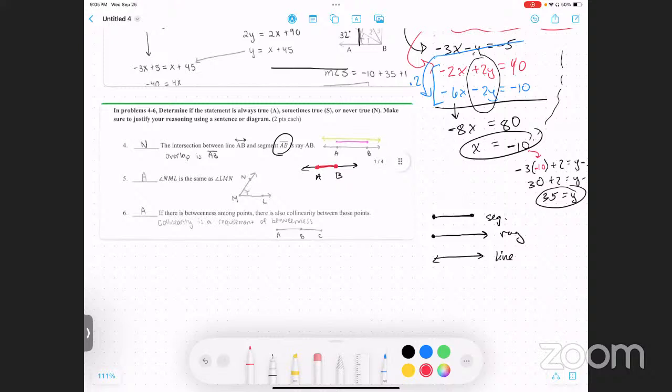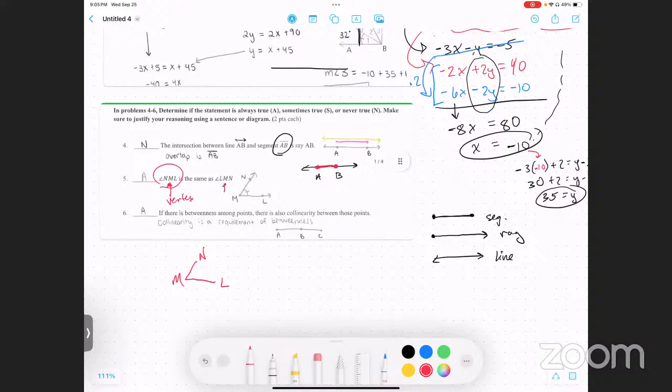Number 5 says MNL is the same as LMN. So let's draw it out. LMN means you start, or NML. The definition is that the middle letter is always the vertex.